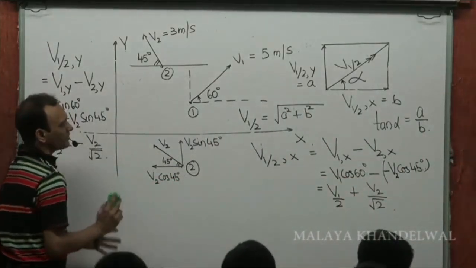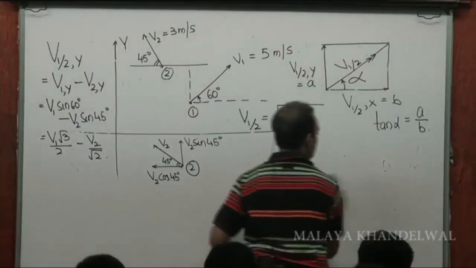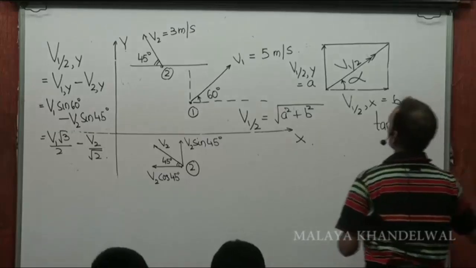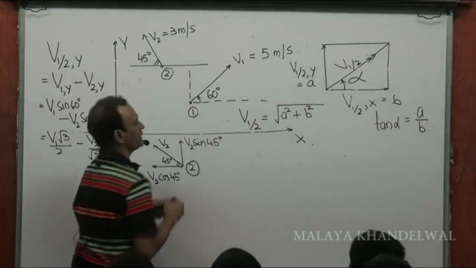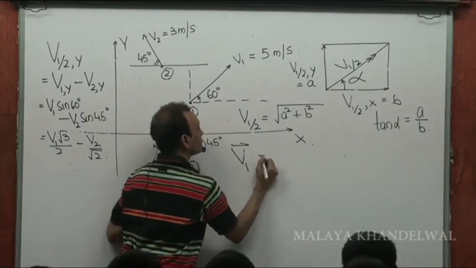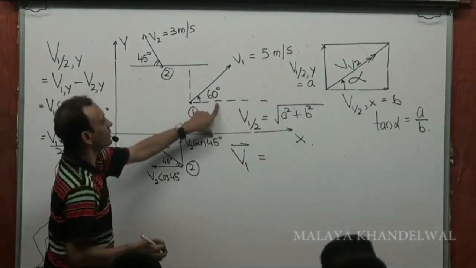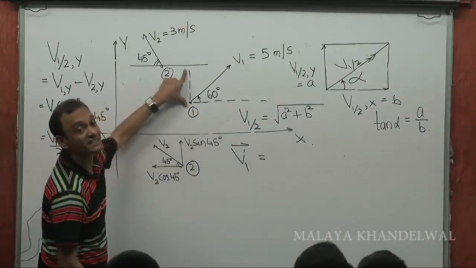Or you could have even vectorially written the two velocities. Velocity of 1, if you want to write vectorially, what would it be? Tell me. V1 cos 60 degrees i cap plus V1 sin 60 degrees j cap.